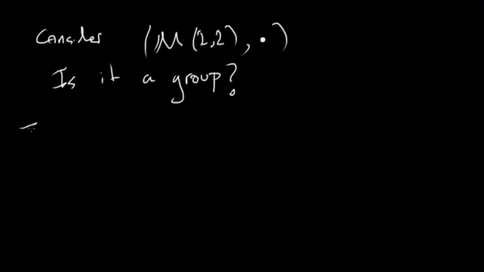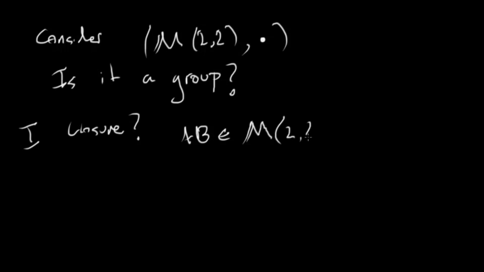All right. Operation number 1, closure. If I have two 2 by 2 matrices, do I get a 2 by 2 matrix? Yes, I do.